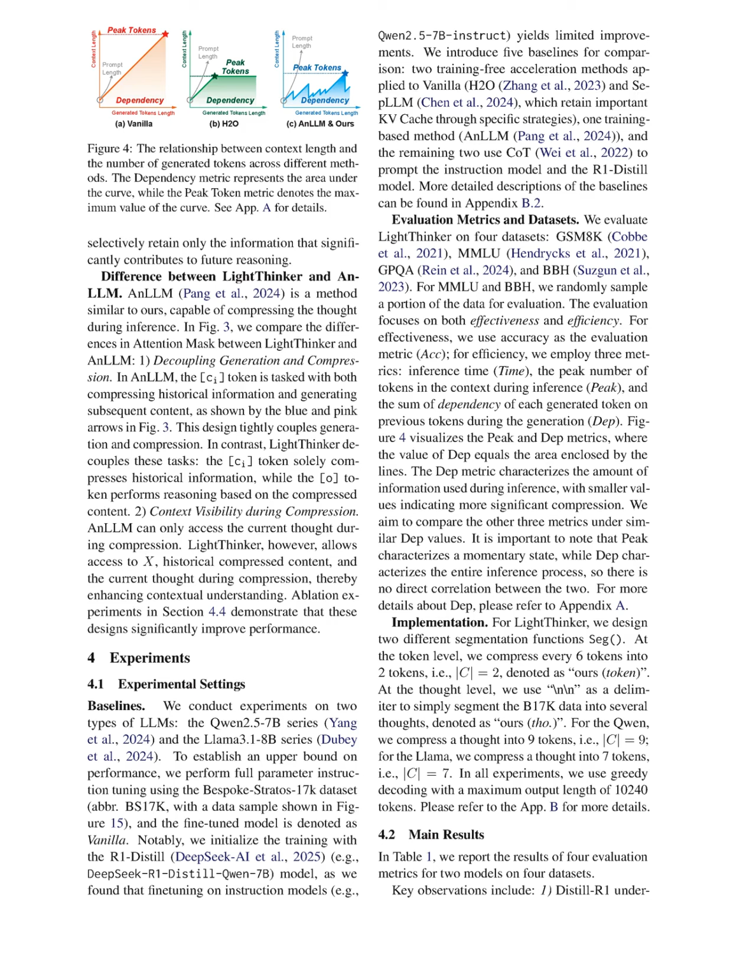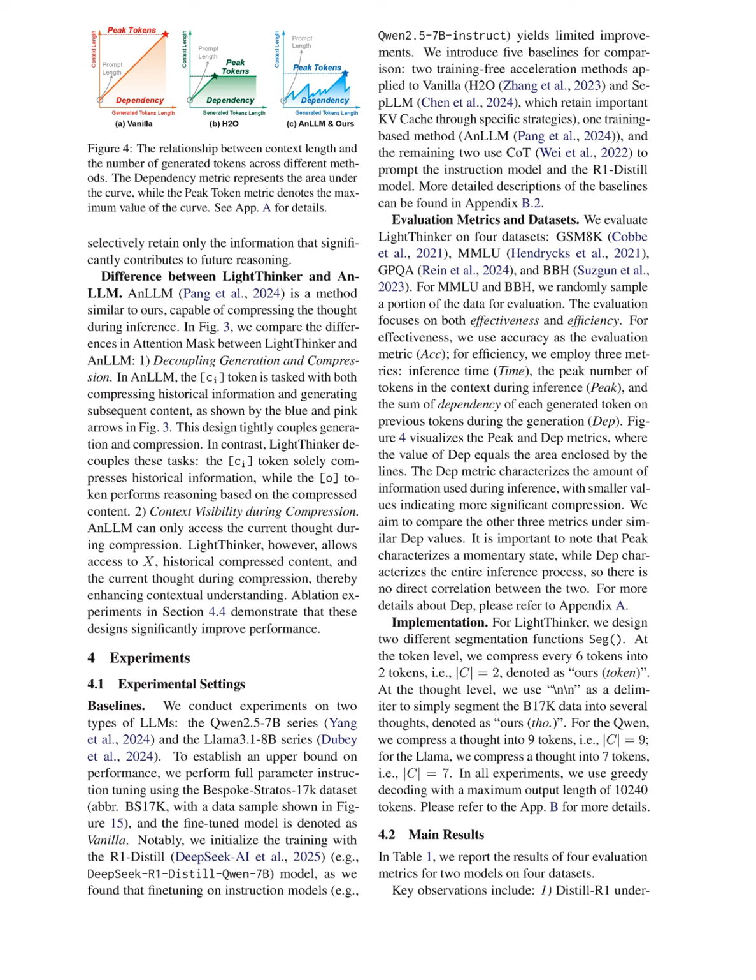The performance was assessed using several metrics: accuracy, ACC, to evaluate effectiveness, inference time, to measure efficiency, peak number of tokens in the context during inference, peak, and the dependency, dep, metric to quantify the amount of historical information each generated token relies on.